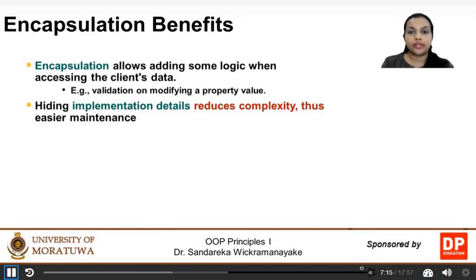Also, we can change the implementation of a method without changing the way this method is accessed from other places, as long as the method's signature does not change. This helps to keep our code simple, meaning that we can maintain the code easily. We can change one place of the code without having a significant impact on the rest of the code.